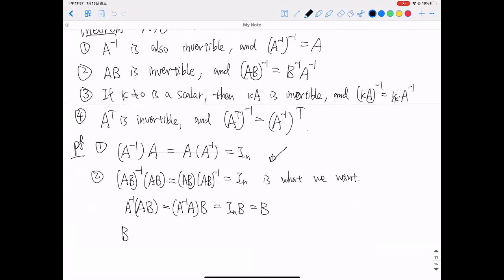Now if we further multiply B inverse to this, we get B inverse B, which is identity.